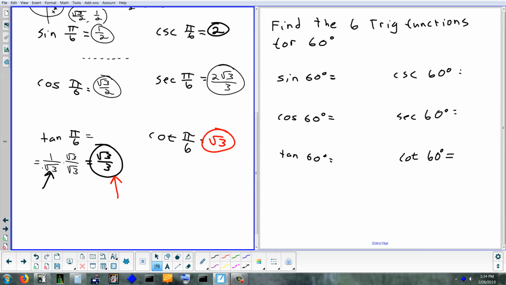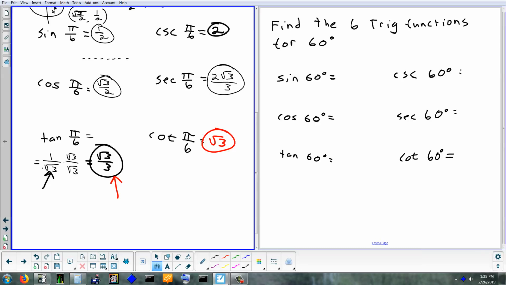All right. So they want us to find all 6 trig functions for 60 degrees. We mention it pretty much every time we have a problem like this. What am I missing that I need to find first? Yep, got to get the coordinate. Can't do anything without that.